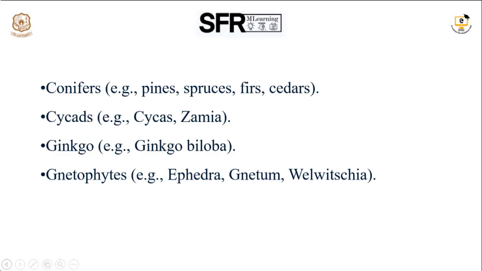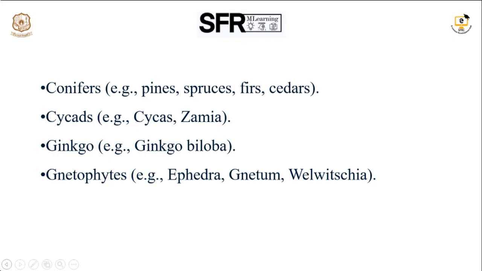Okay, so some examples I have shown here are the coniferous plants: Pinus, spruces, firs and cedars. The next one is the cycads, that is Cycas and Zamia. Cycas is an unbranched plant.